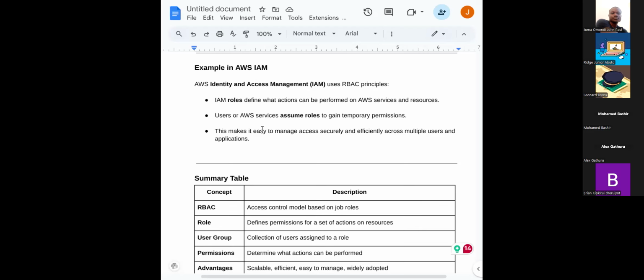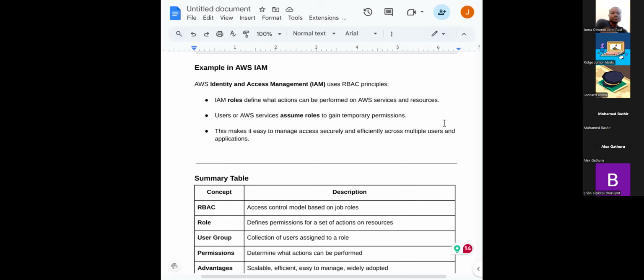IAM roles work the same way as role-based access control, where you can create a role of an admin, a role of a finance team, a role of a developer, and so on. If you have a role of finance, you just grant them access to finance services like Cost and Usage Report and Cost Explorer, just what the finance team is going to need.